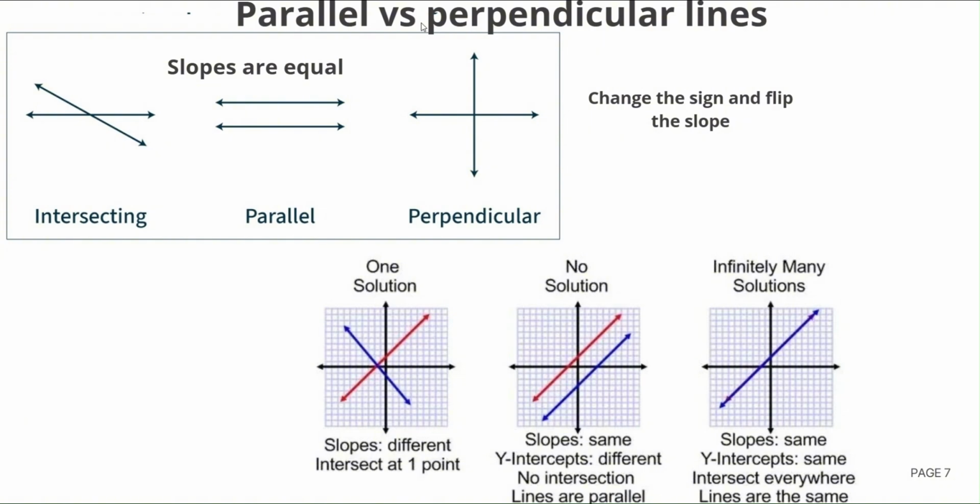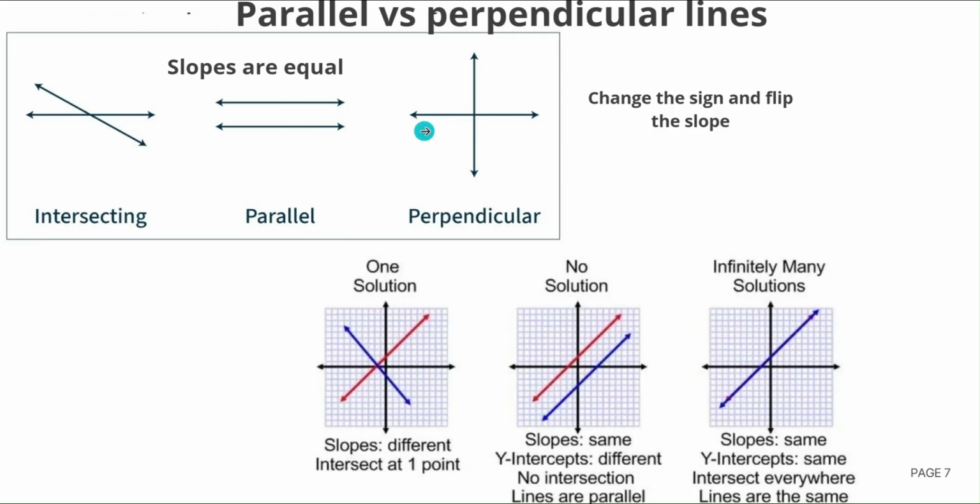Now we're stepping into one of the important topics in SAT, which is parallel and perpendicular lines. Starting with the first example here, you can see they're intersecting, which means they're intersecting lines. These other lines are not touching each other, which means they're parallel. If lines are parallel, they have the same slope, but they don't intersect at any point.